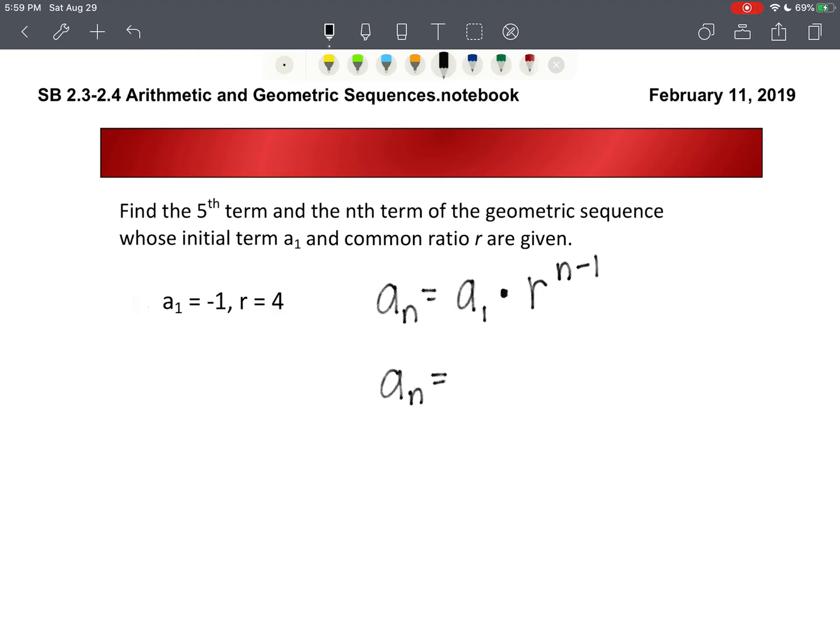We want to find a sub n. So a sub n is equal to the value of the first term, which is negative 1, times, and then I'm going to put the r in parentheses, raised to the n minus 1 power. There's our formula for the nth term.